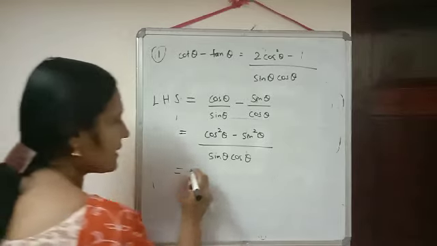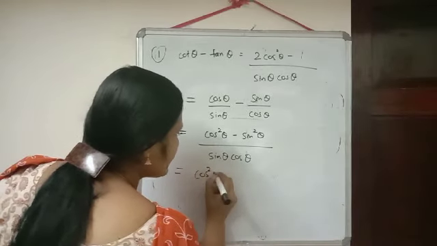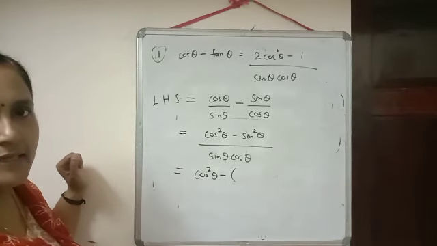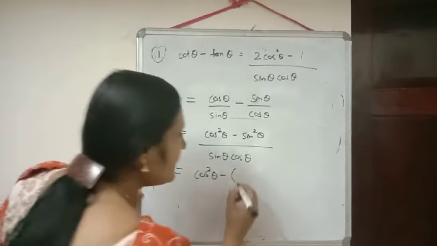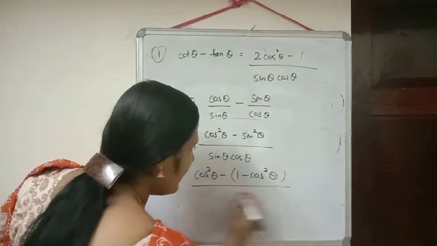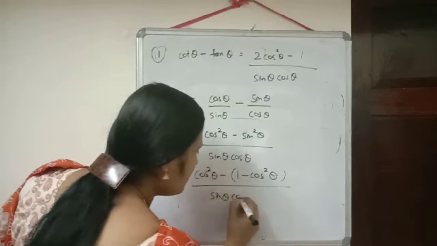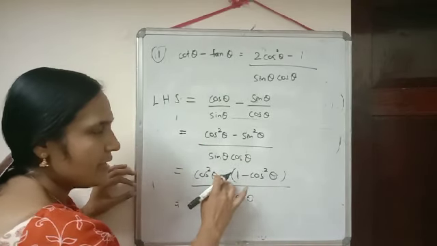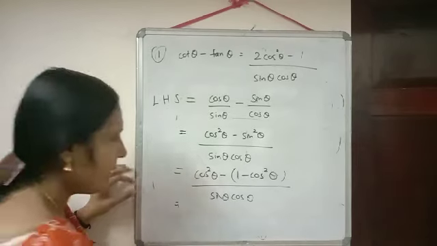So you have to check how we can change that sin square theta. Yes, how we can rewrite sin square theta? It can be written as 1 minus cos square theta, by sin theta into cos theta. Now we can remove the bracket there. Now the negative sign will get multiplied inside.